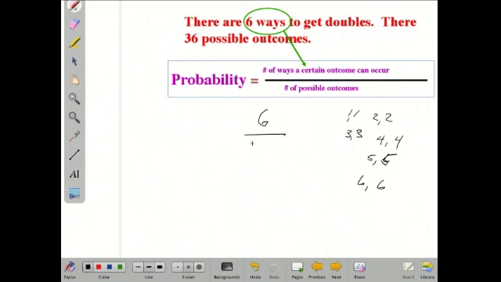And there are 36 total possible outcomes. So we would work this out by saying 6 out of 36 is equal to R over 100. This can be reduced to 1/6. Regardless, 600 divided by 36 will get us our percent.